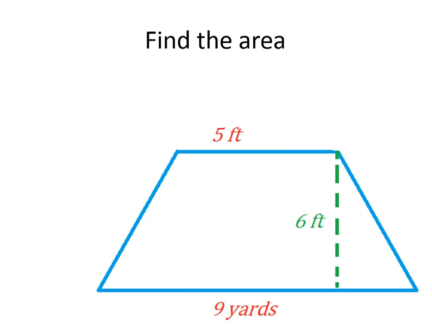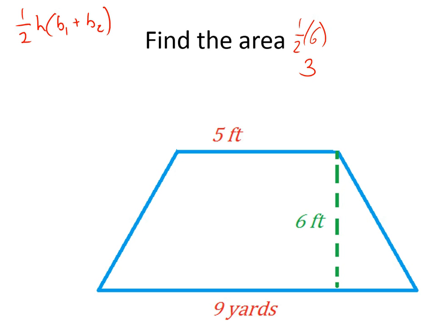All right, so let's try to find the area of this one. So we have this trapezoid here, and we want to find the area of it. Formula again, 1/2 h times b1 plus b2. Now here I'm just going to plug in the h real quick and multiply it by half. So it'd be 6 times 1/2, which is 3.